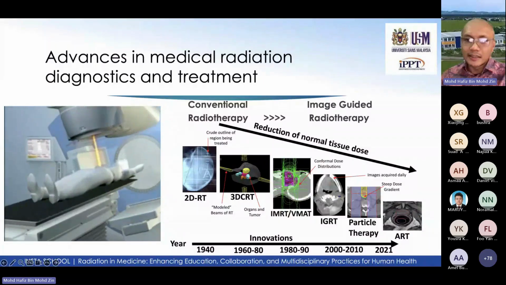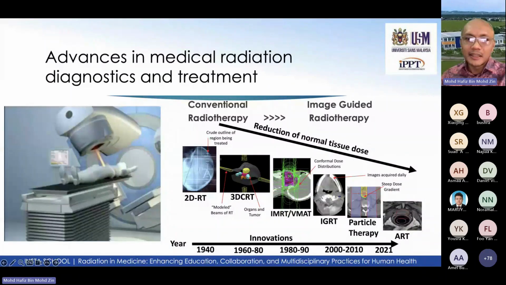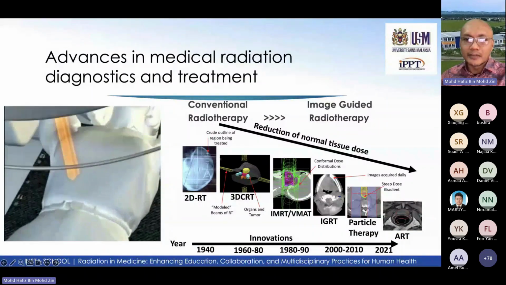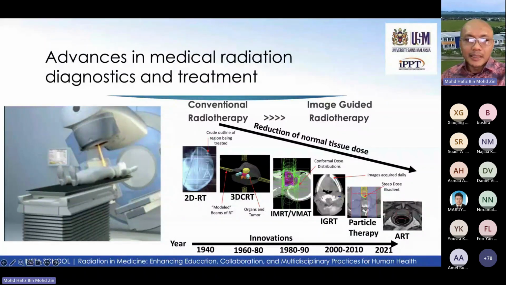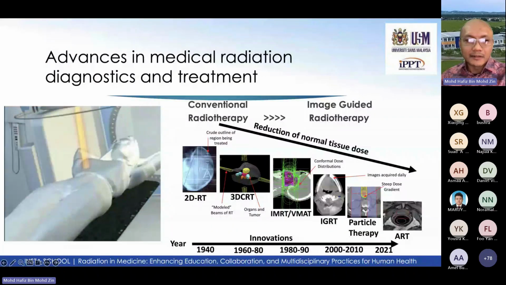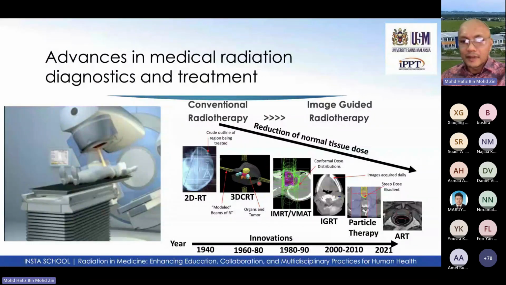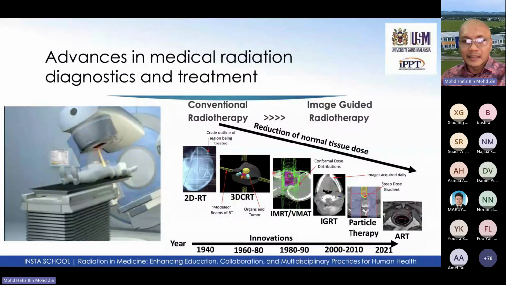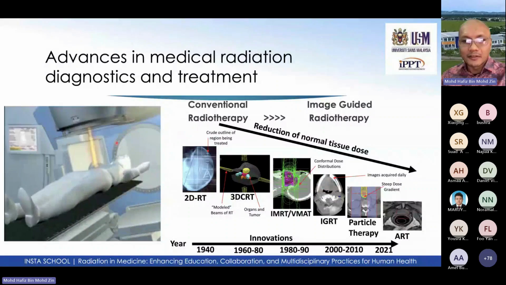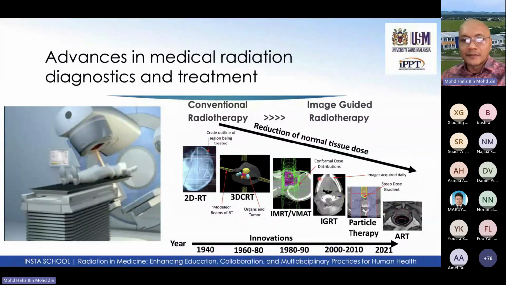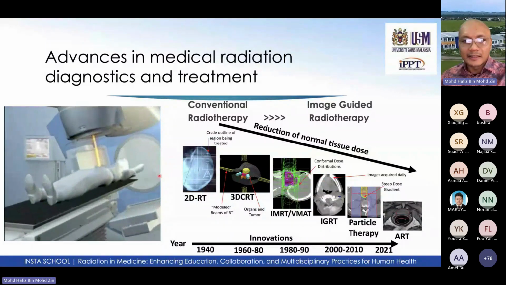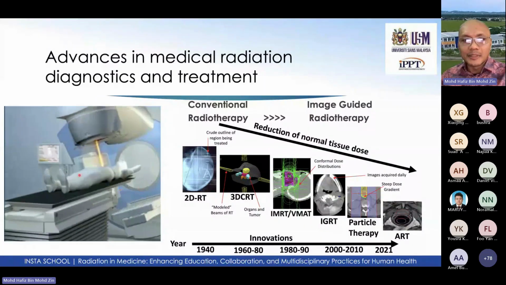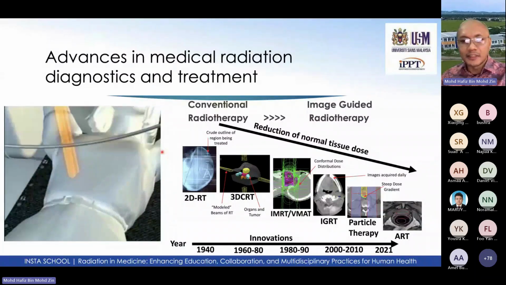So as you can see in this image here, there has been improvement in the technology of radiotherapy delivery, where we are now focusing on delivering very focused radiation to the target because of the advances in the radiation delivery technology, as well as the advances in the imaging guidance technique, where we have an onboard imaging system to guide the machine to deliver radiation precisely to the target.